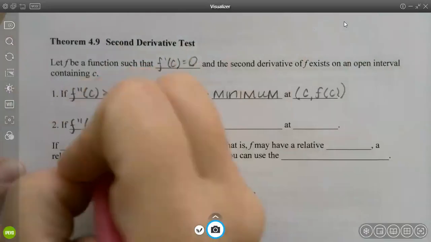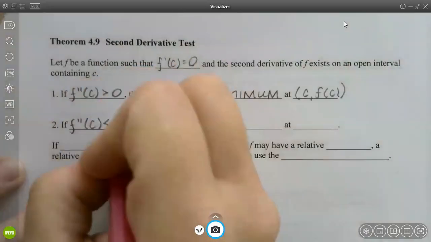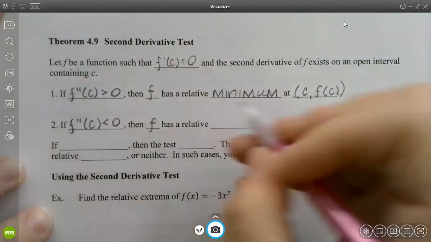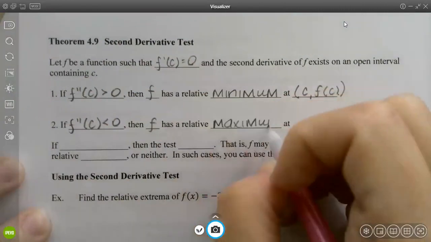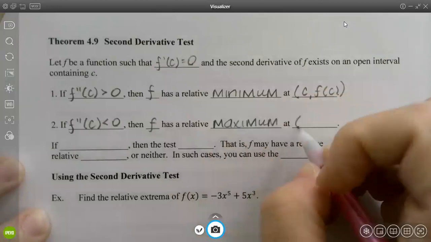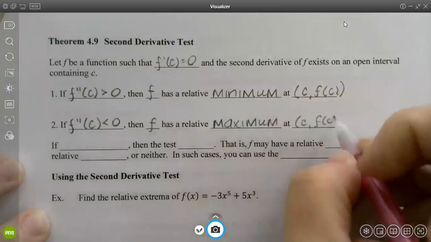If the double prime is less than 0, then it has a relative max at c, f of c.